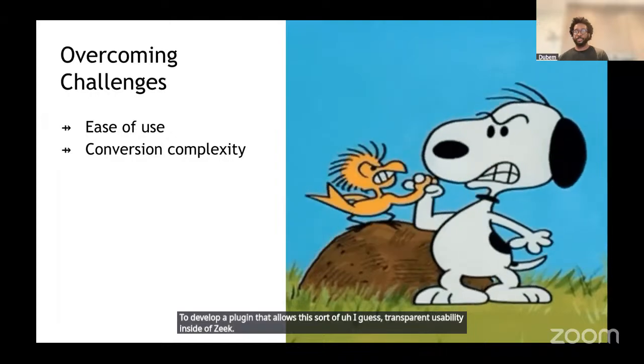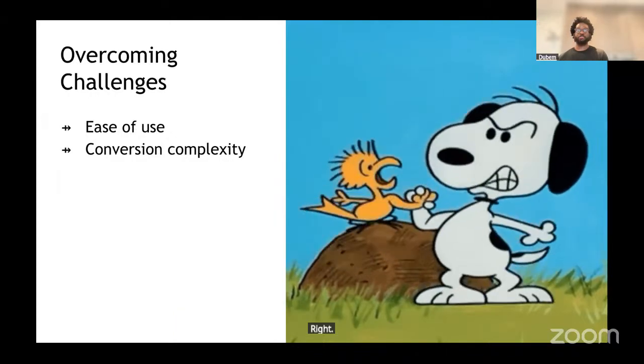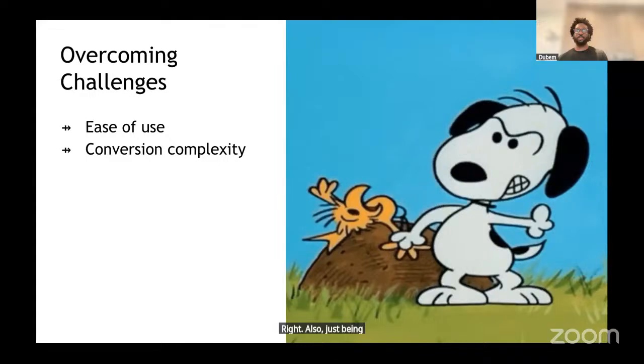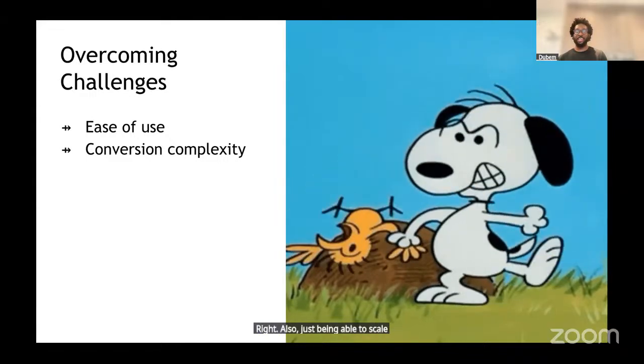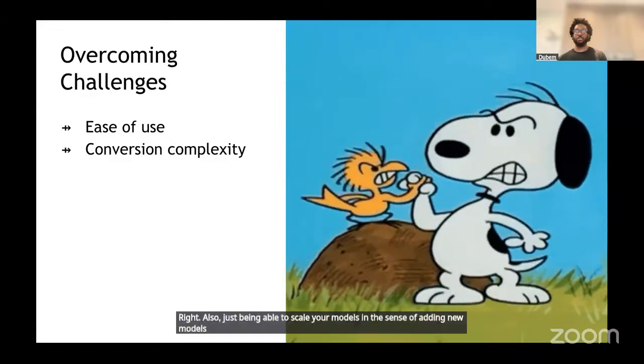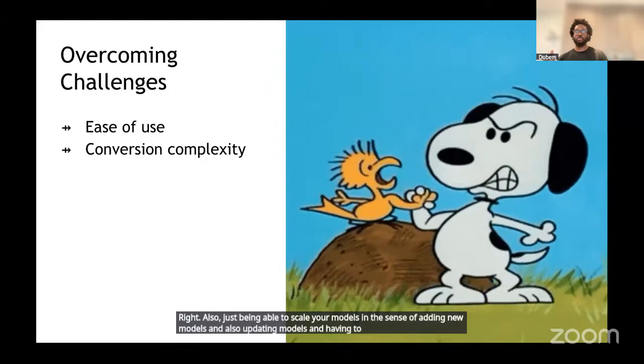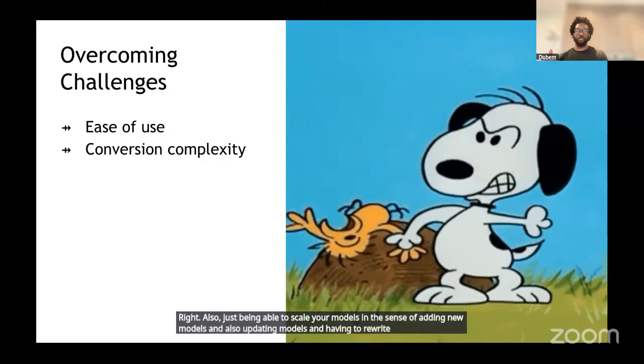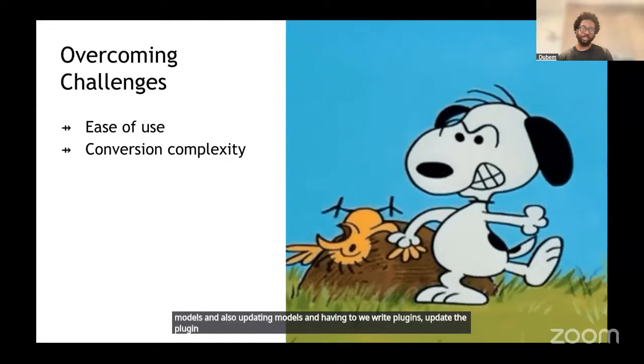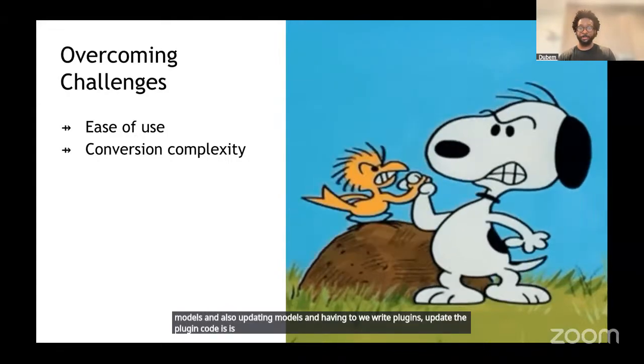And also just being able to scale your models, in the sense of adding new models and also updating models and having to rewrite plugins or update the plugin code, is non-trivial.